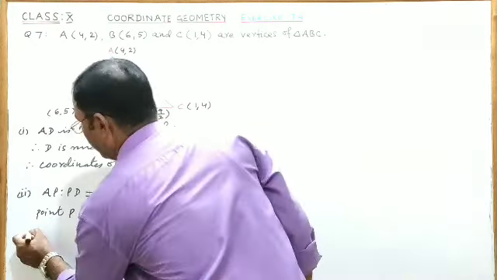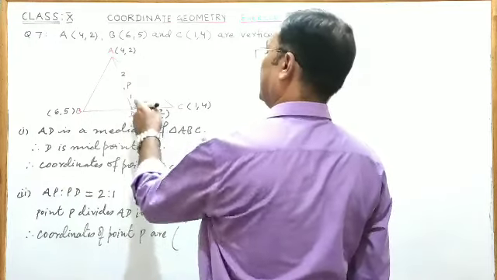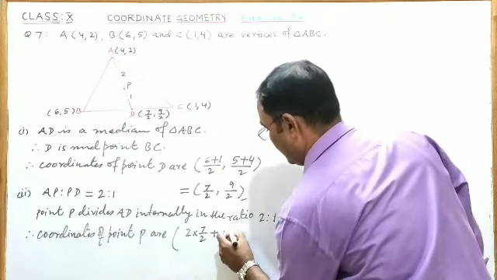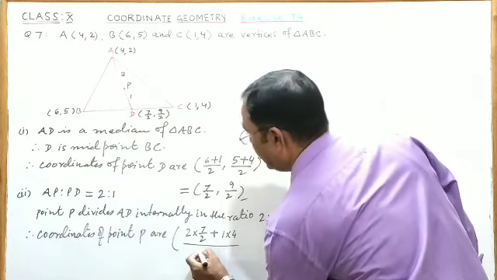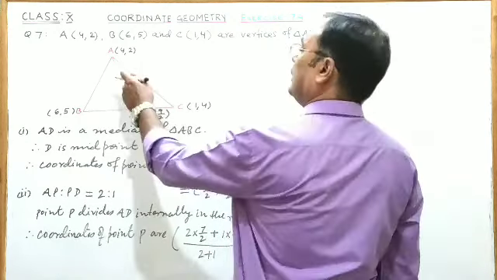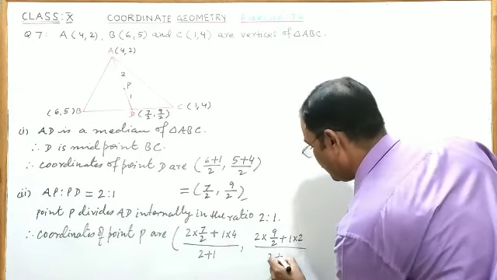Therefore, coordinates of point P using section formula are (m1 x2 plus m2 x1) divided by (m1 plus m2): 2 into 7 by 2 plus 1 into 4, divided by 2 plus 1, and 2 into 9 by 2 plus 1 into 2, divided by 2 plus 1.